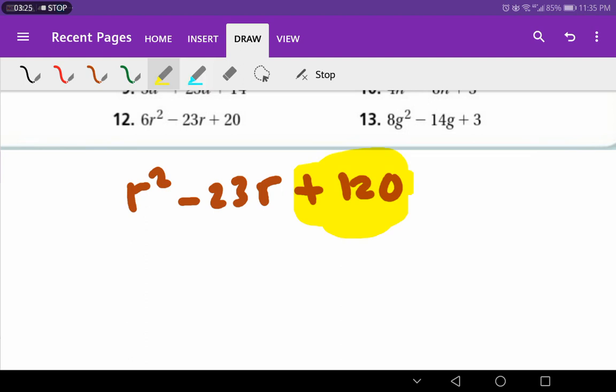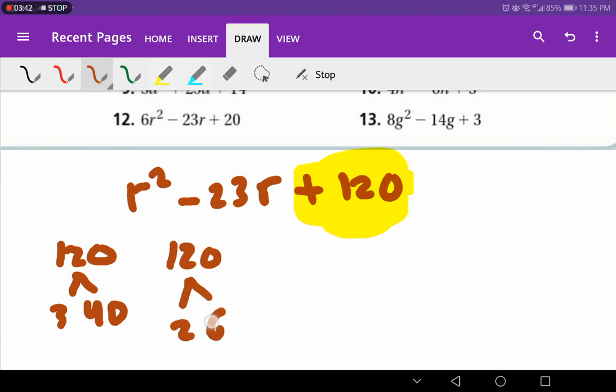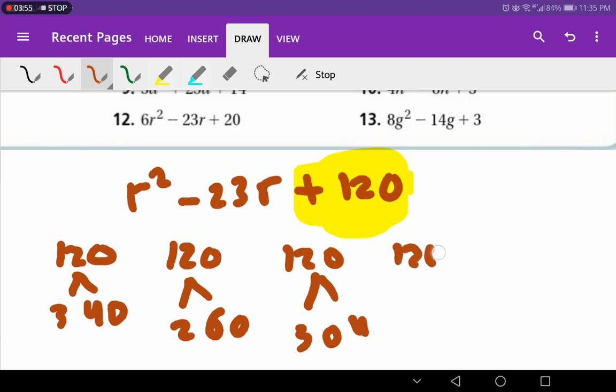Okay, if you try the famous ones, for example, 120 comes from 3 multiply 40, and 120 comes from 2 multiply 60, and 120 comes from 30 multiply 4, or 120 comes from 20 multiply 6.